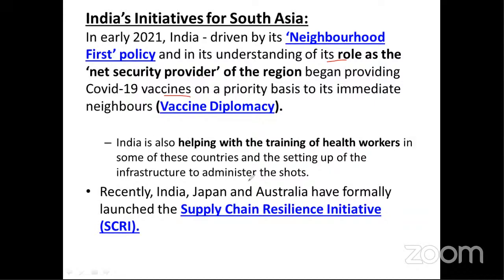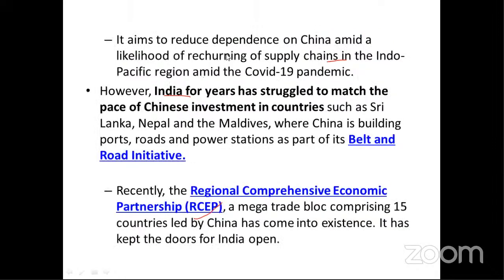Now, recently, India, Japan, and Australia have formally launched the Supply Chain Resilience Initiative. This is again a very important initiative, recently started by which countries? It was started by India, Japan, and Australia. And what is the main purpose of this initiative?